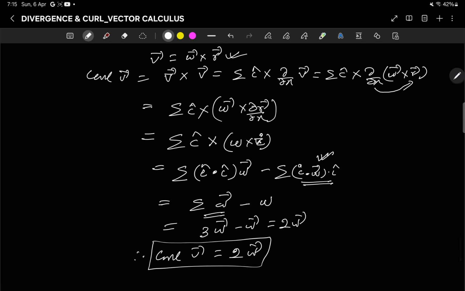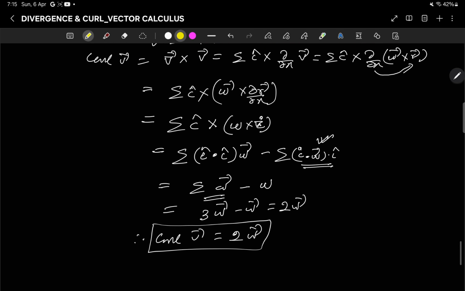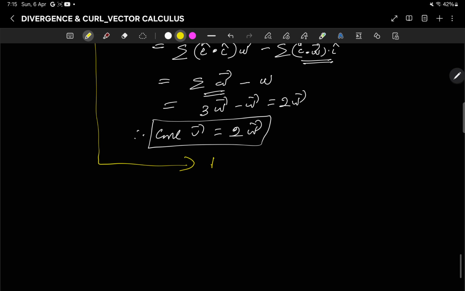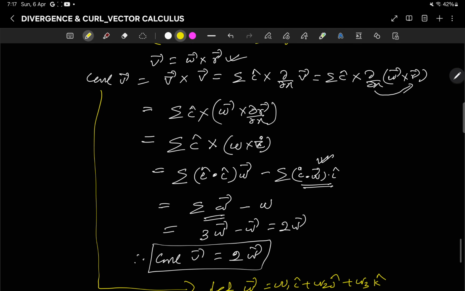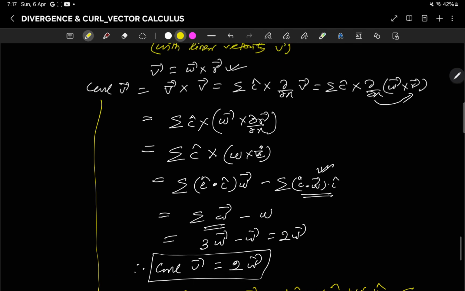If we want to prove it in an explicit way, alternatively, in component form I take W and R as given.